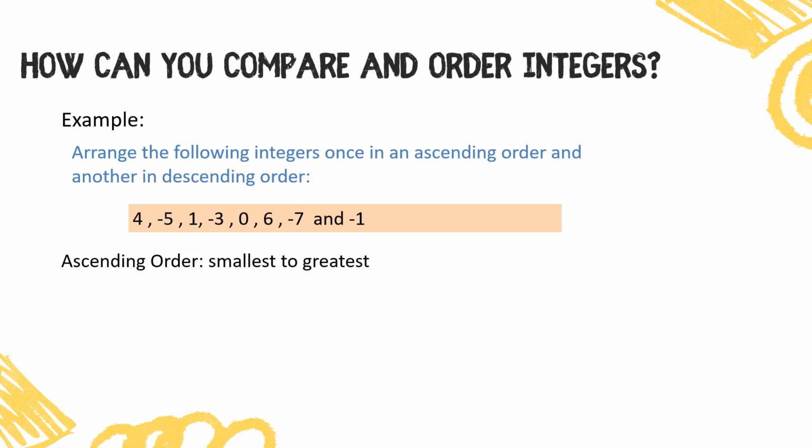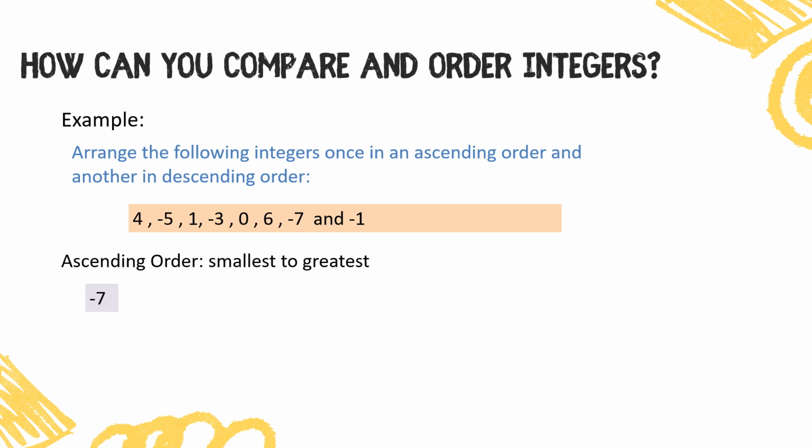What is ascending? Ascending order is smallest to greatest. So the smallest will be the first. Tell me, I'm waiting for you for a couple of seconds, what is the smallest number we will put first? Excellent, excellent, math champions. It is minus 7.